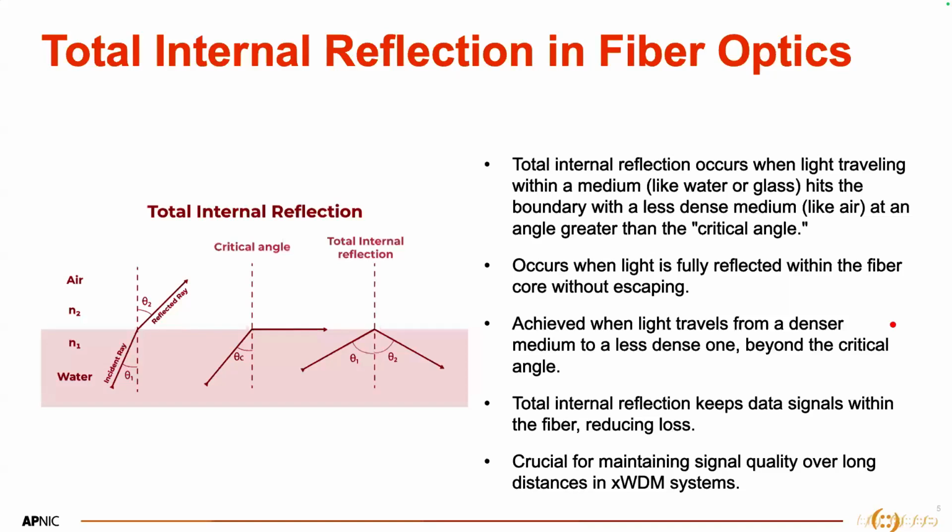One is air, another one is water. If you draw a line straight perpendicular between these two media, and you throw the light from one medium to another, in this diagram, you are throwing light from water to air, right?